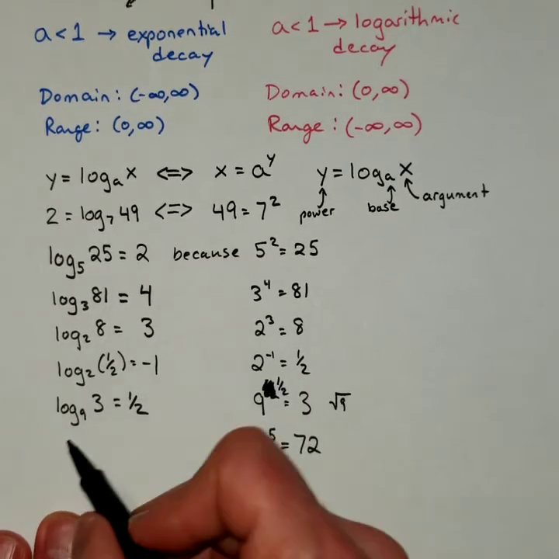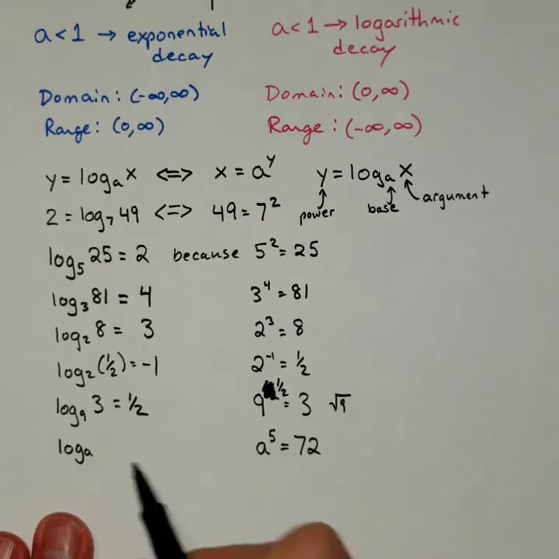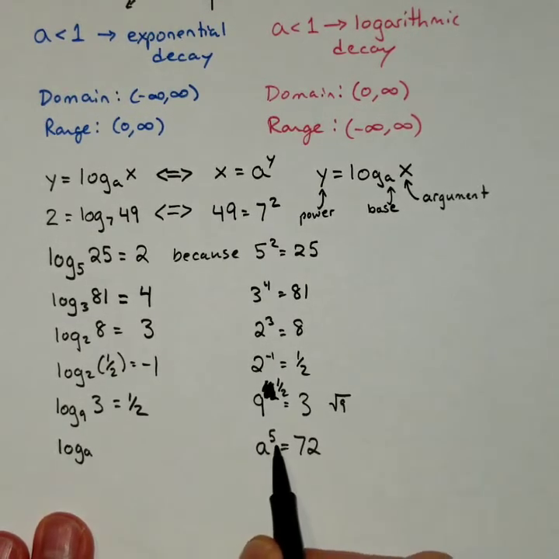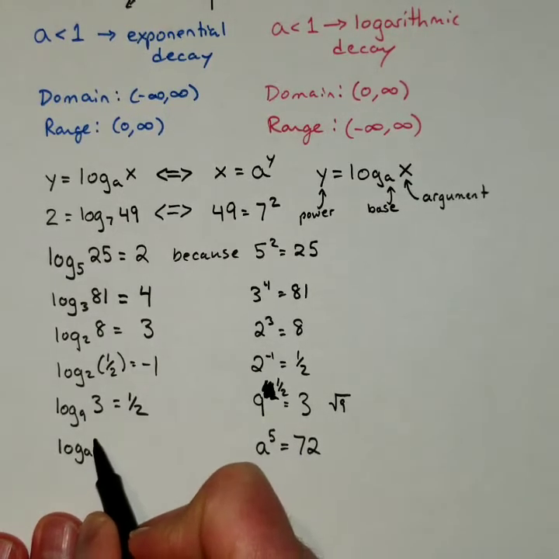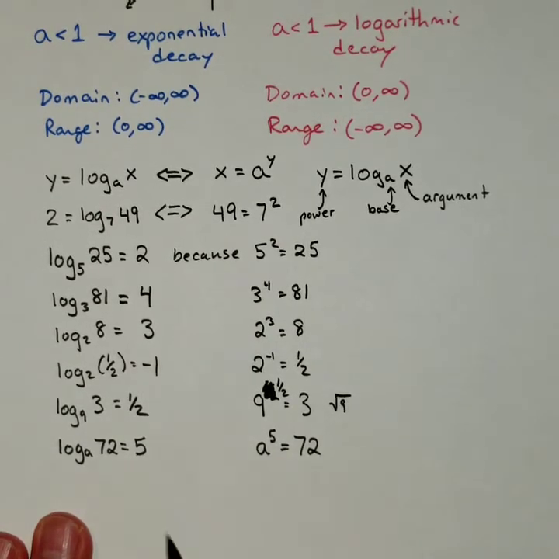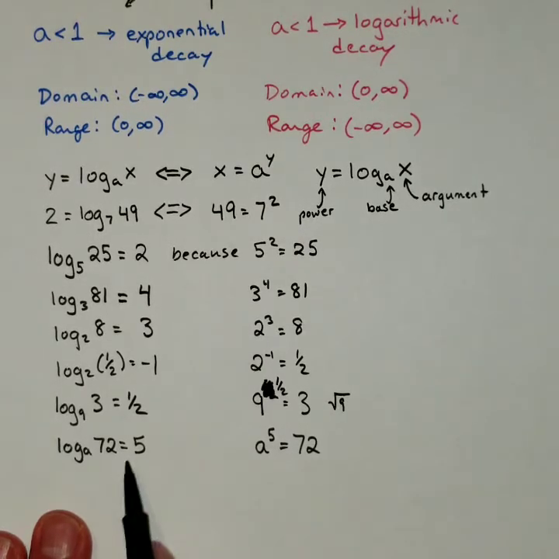The base has to stay the base, right? The base of the exponential is the base of the log. The answer over here, the 72, is going to be your argument, and the power has to be the other side, or the answer to the logarithm. Okay? So these two things are interchangeable.